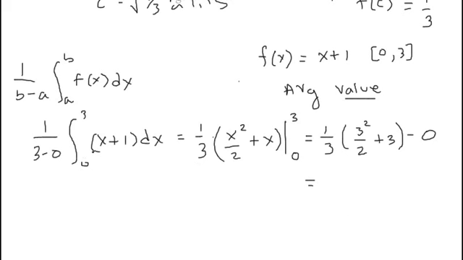And I'll let you actually work out the arithmetic. But if you're asked to find the average value, you're going to be given the function and the interval, and it's going to say find the average value. All right. For the mean value theorem, it may say find c using the mean value theorem. Hopefully they'll say that.